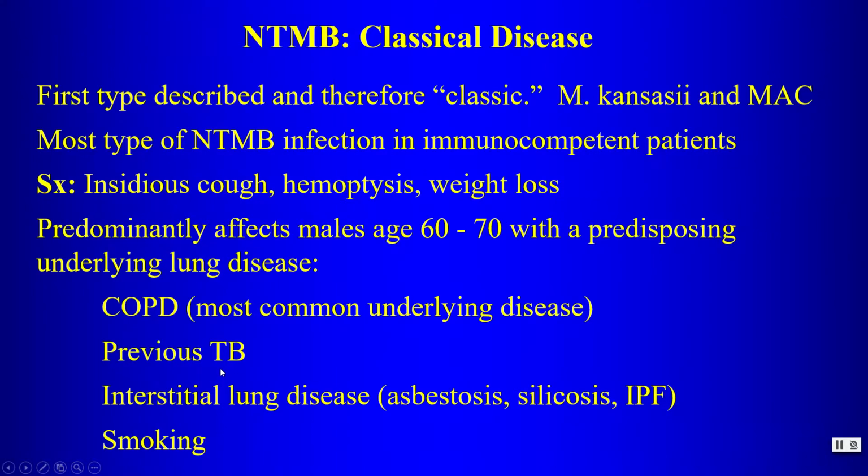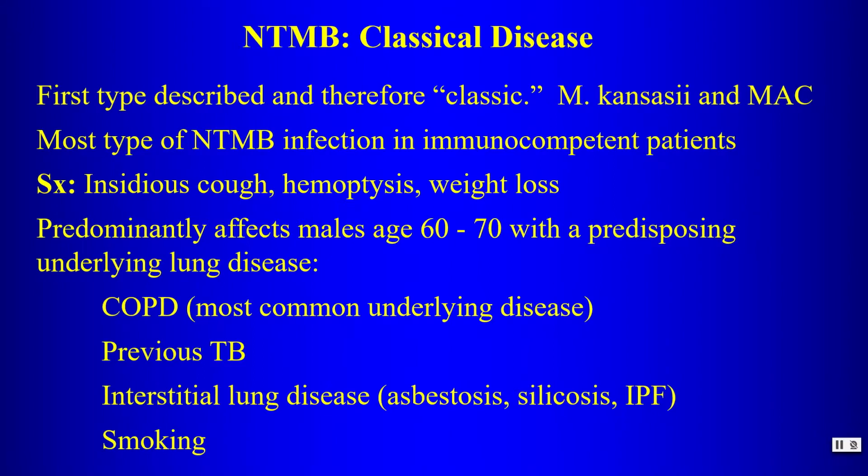This pattern is called classical disease. It's called classical disease because it's the first type described, and usually it's Mycobacterium kansasii and MAC that can do this. So this is the most common type of atypical mycobacterial infection in immunocompetent patients.